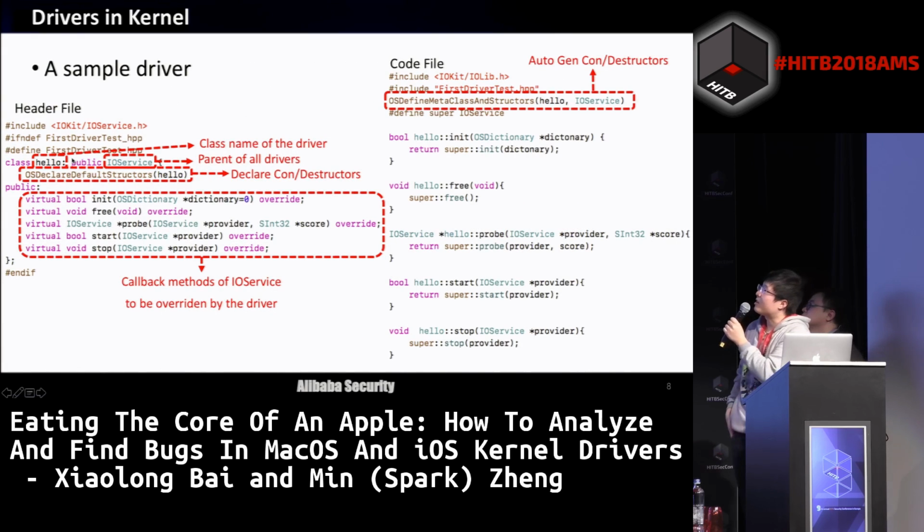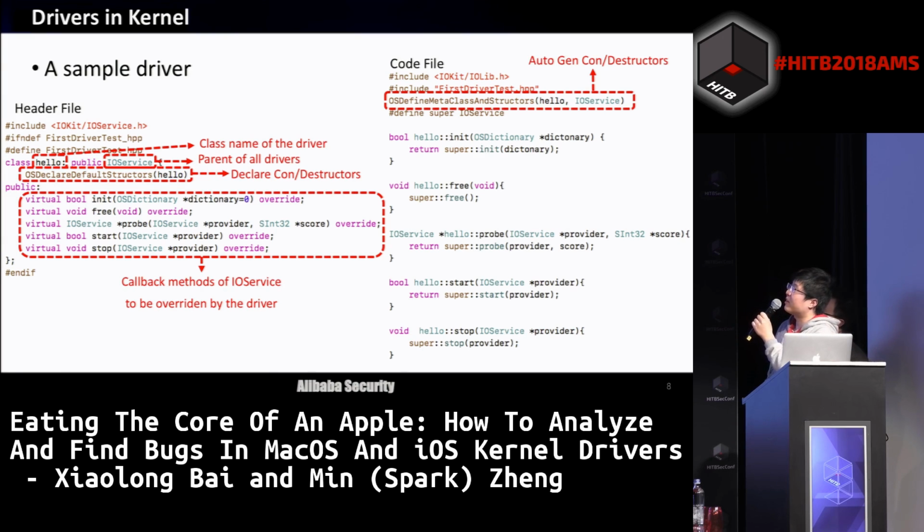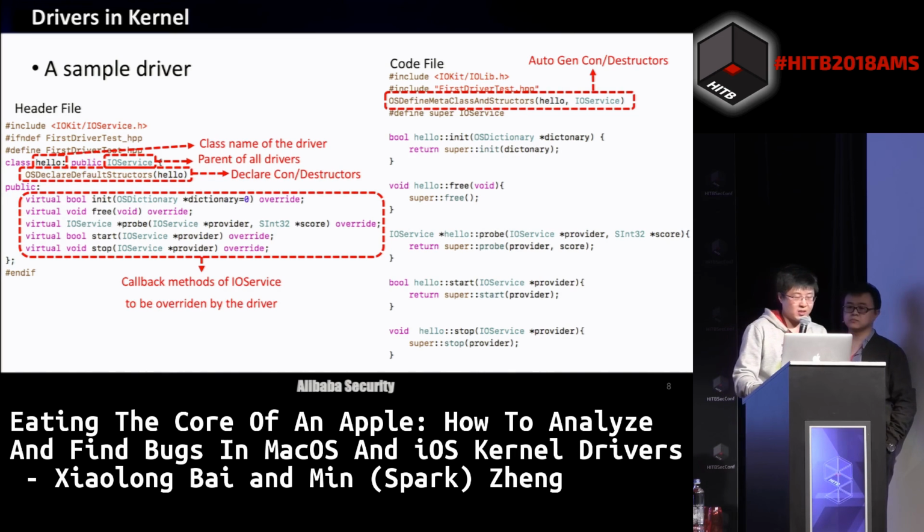All the drivers have the same parent called IOService, and you can use a macro definition to declare the constructor and destructors of the driver. Because they have a parent called IOService, you need to implement the virtual methods of IOService, for example, init, free, start, stop.